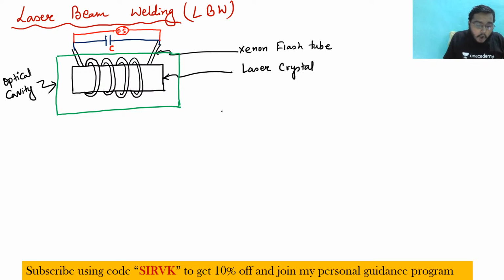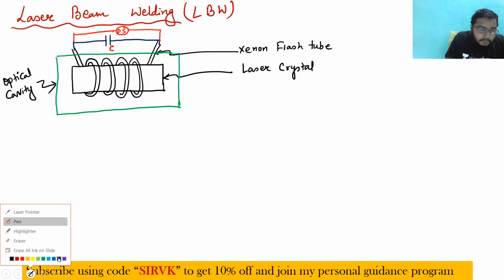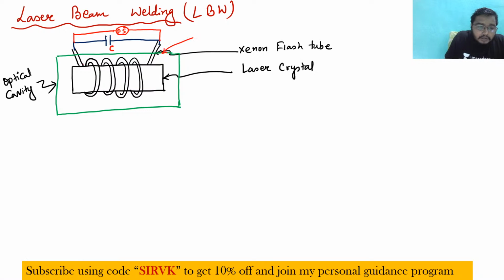So this box is the optical cavity, and this part of the box is totally a 100% reflecting surface.